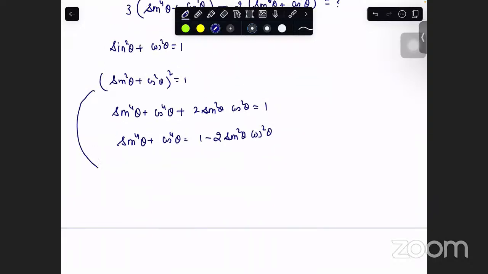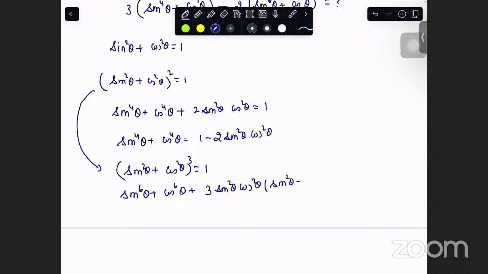Now again come to this equation. Sine square theta plus cos square theta is 1. Now cube both sides. If I whole cube both sides, I'll get sine to the power 6 theta plus cos to the power 6 theta plus 3 sine square theta cos square theta into sine square theta plus cos square theta as 1.